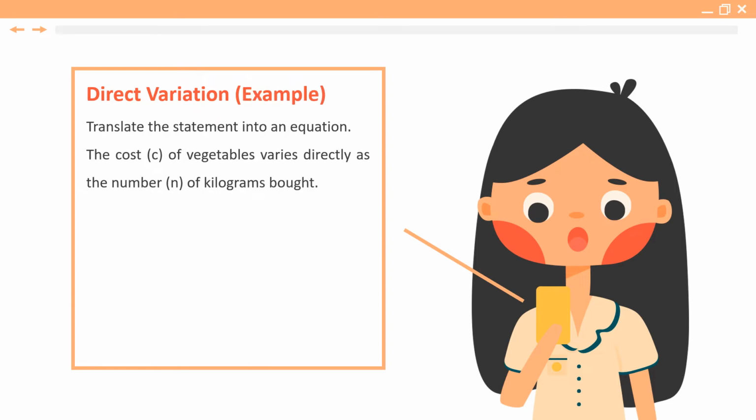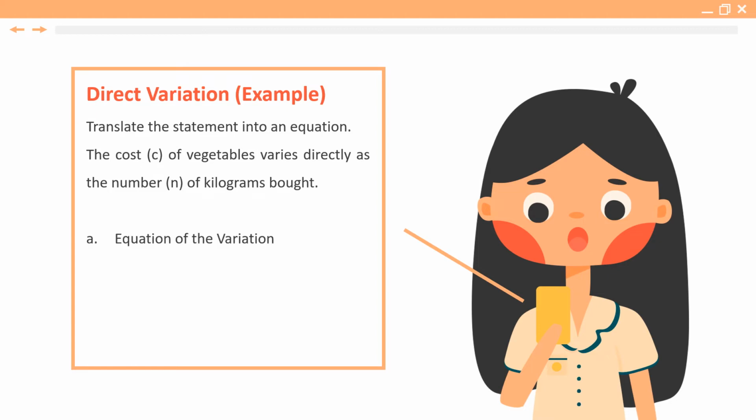So now it is time for us to translate the statement into an equation. As you can see, these statements are actually real-life situations and we're just going to turn them into an equation. It says that the cost of vegetables varies directly as the number of kilograms bought. So you have your cost, which is C, and N, which is the number of kilograms.